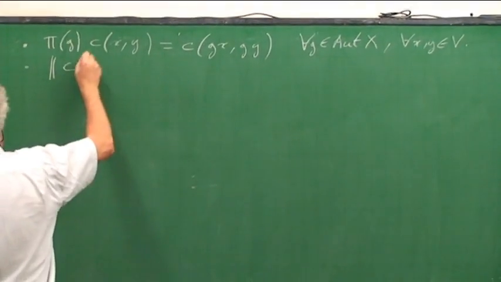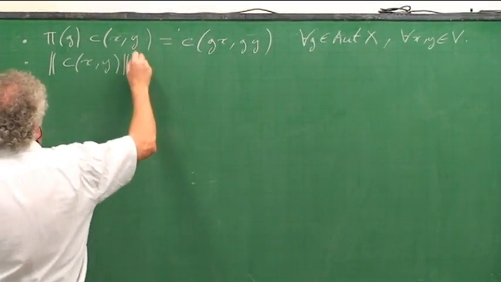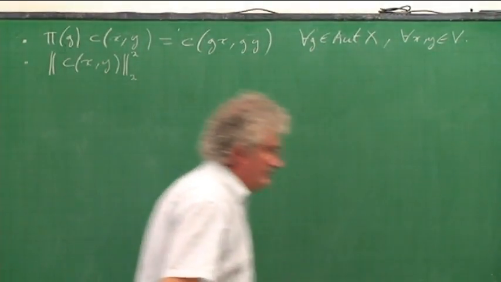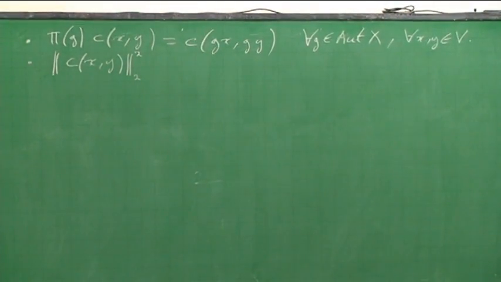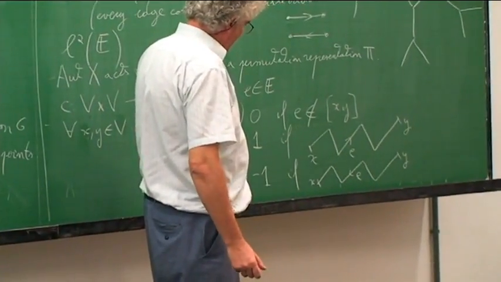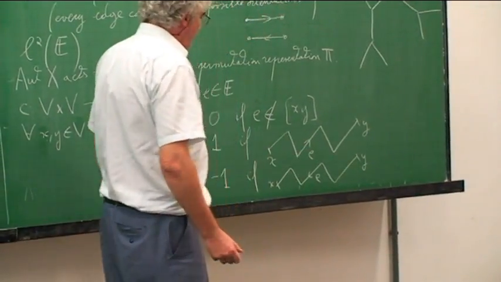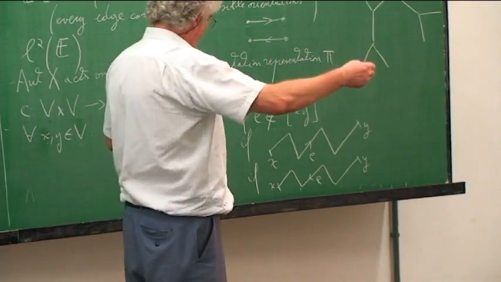Second, let us compute the L2 norm squared. Well, if we square, we get either 0 or 1. When do we get 1? Exactly when E is an edge on the geodesic.